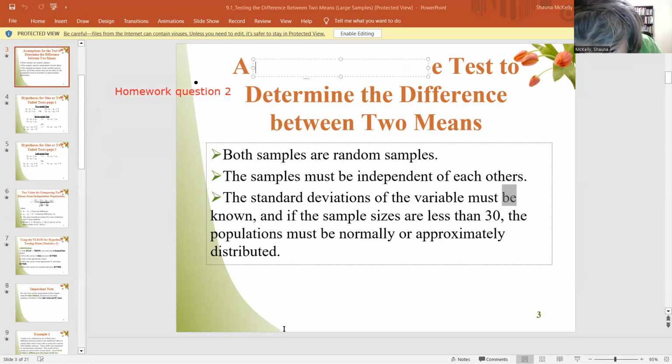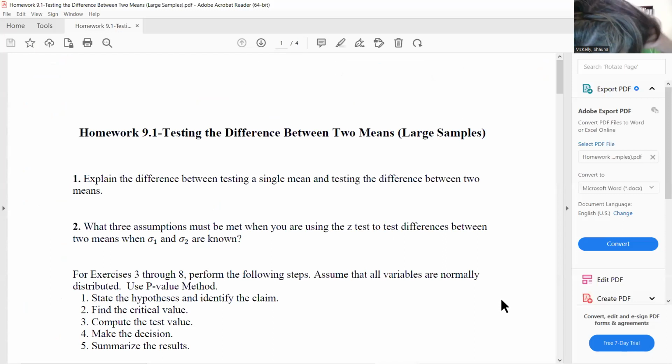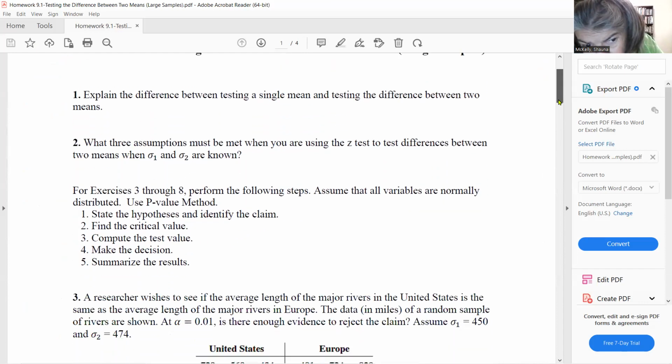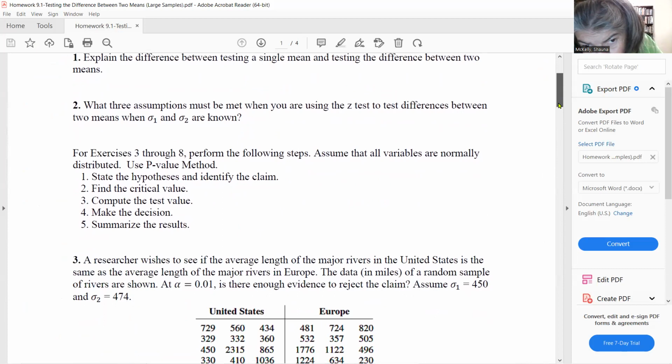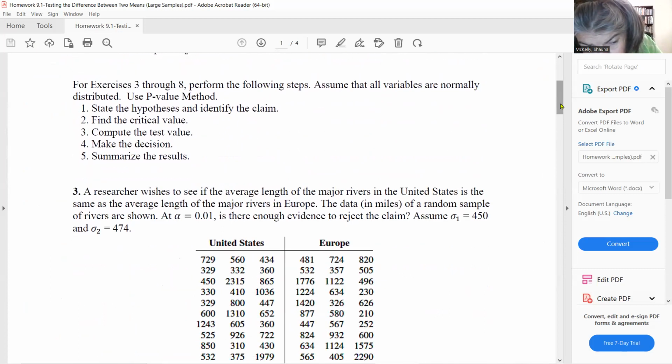Let me go to the real stuff that brought us here. Now, a couple of things that I want to bring up as far as the homework goes. Some of you are losing points on how you show your work with some of the homework. But there's a couple of nuances to this particular assignment, okay?